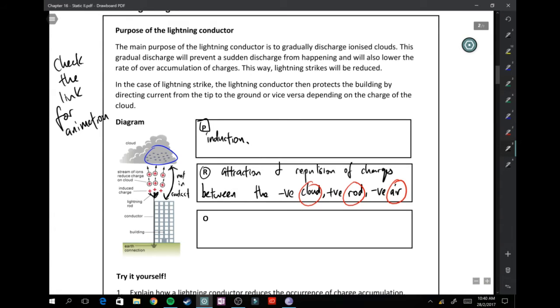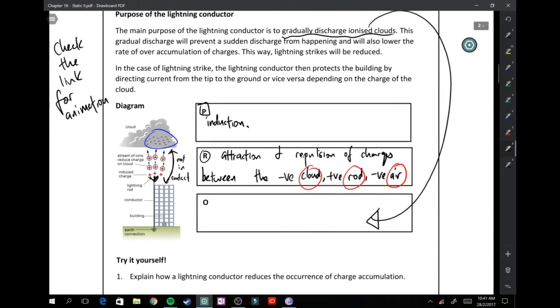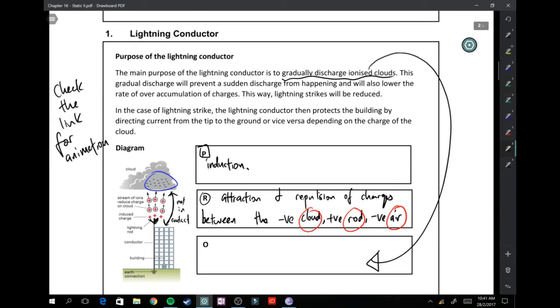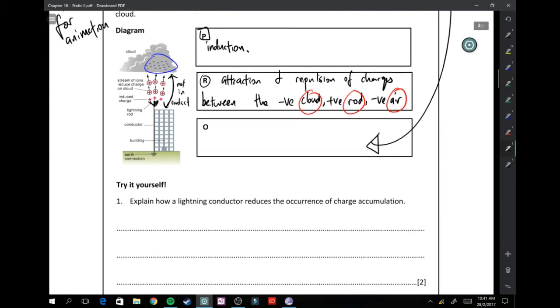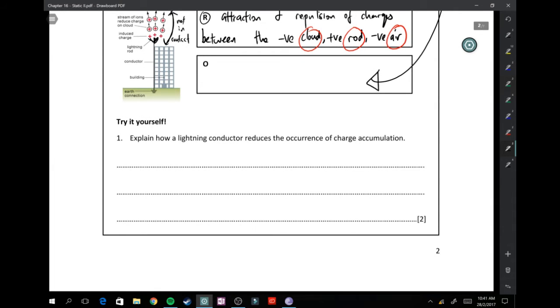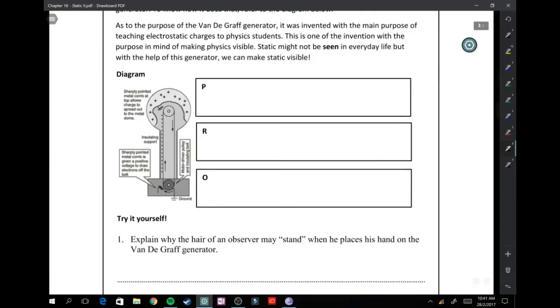Finally, what is the outcome? The outcome is a gradual discharge. I think I wrote here: gradually discharge ionized cloud. This outcome tells you the purpose, and knowing the purpose makes it clearer how to answer questions. If you understand how it works, then we can explain.